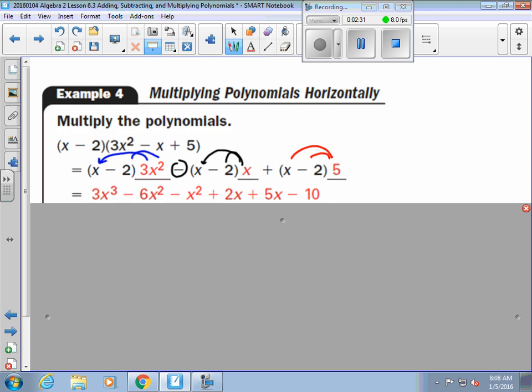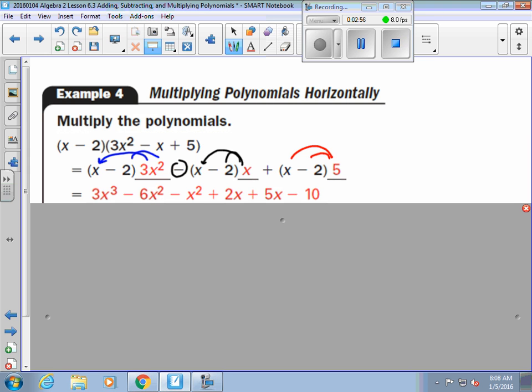But once you get to this step, and when you go forwards instead of backwards the way they have it here, the positives and negatives aren't as much of a challenge for most of us. Once you get to this step, though, you have to make sure to combine all of the like terms. Remember, like terms are anything that has the same variable raised to the same exponent. The good thing about doing it this way is all of the like terms wind up next to each other.